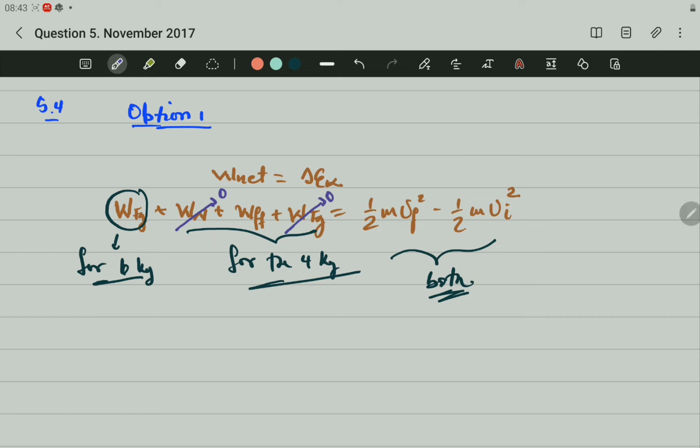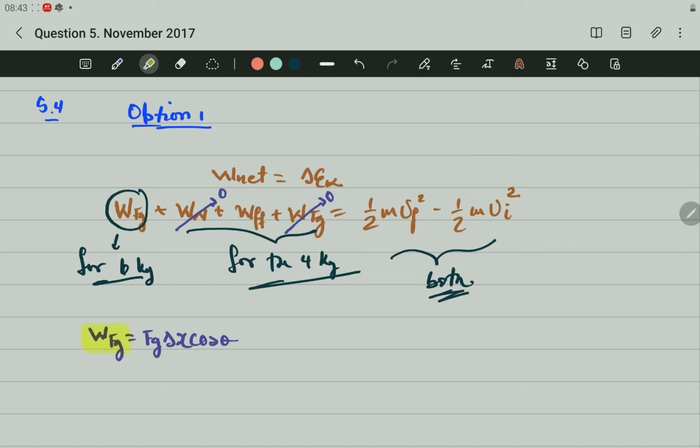Work done, you can calculate separately if you wish. Work done by the gravitational force, this is for the 6 kilogram block, is equal to gravitational force multiplied by displacement multiplied by cos of theta. But remember, you did calculate that one already.